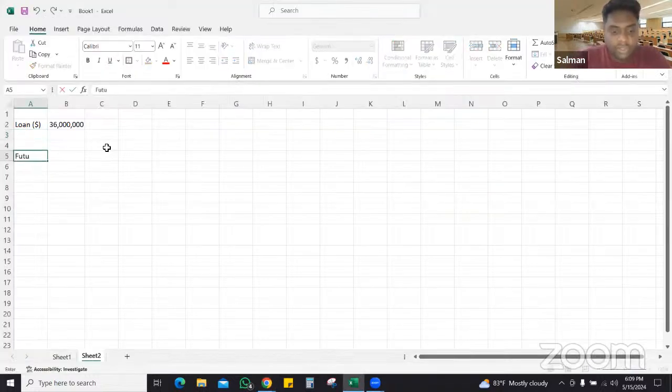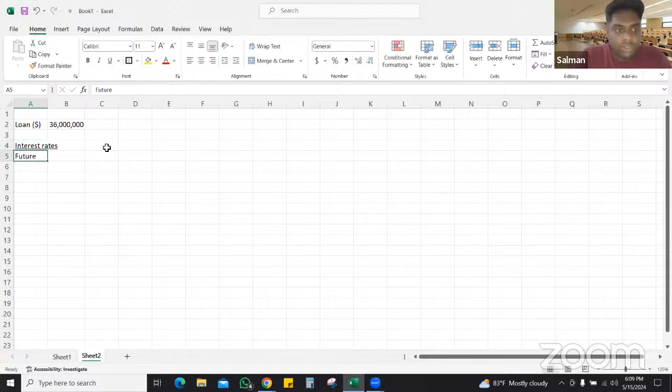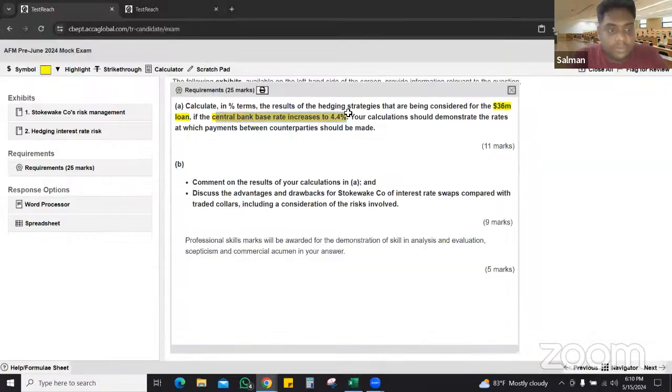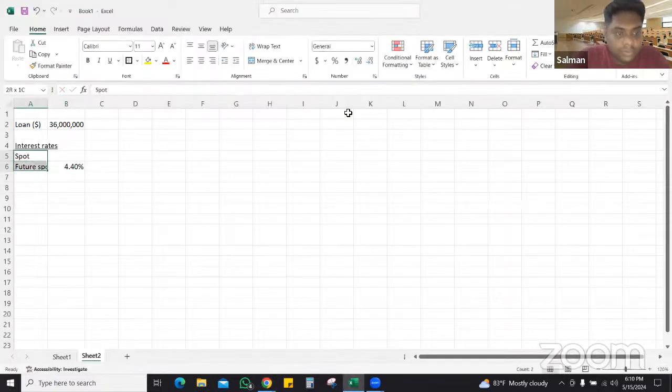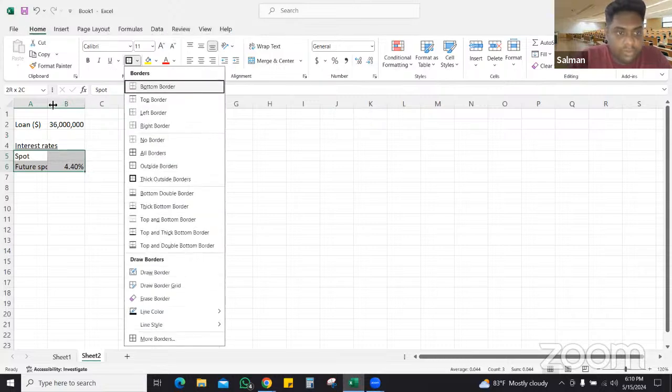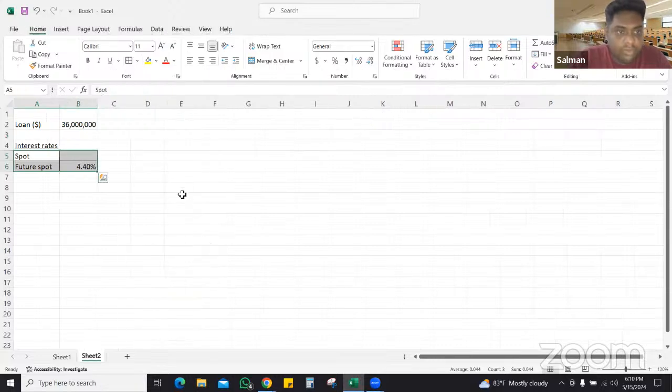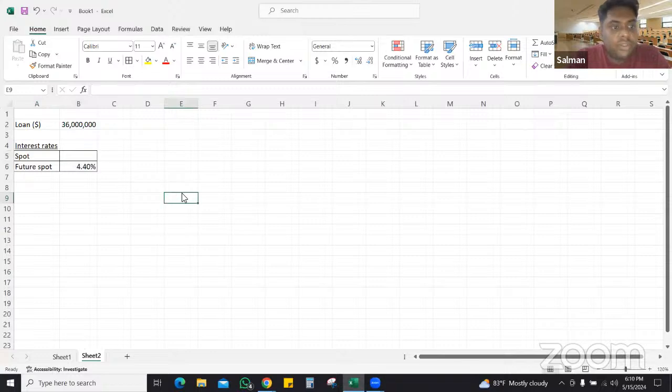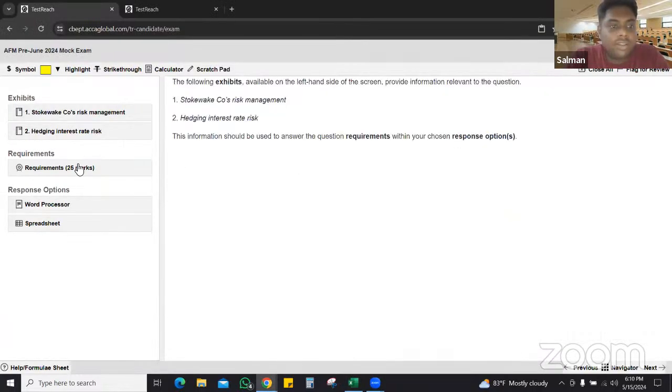So look at interest rates. We do not know the spot rate, but we know the future spot. At the time of borrowing, the rates will be 4.4%. Good, that's it.